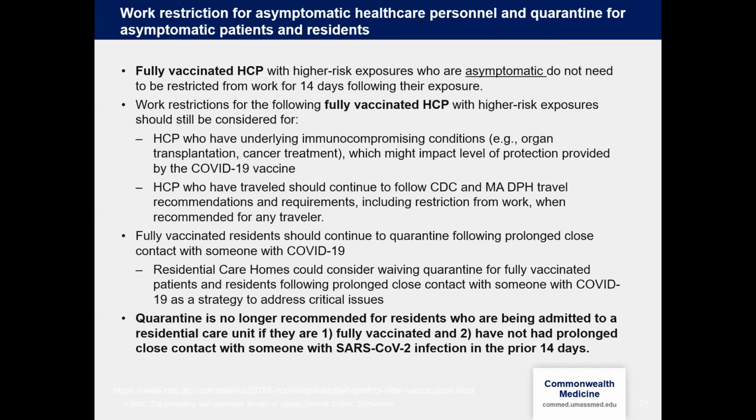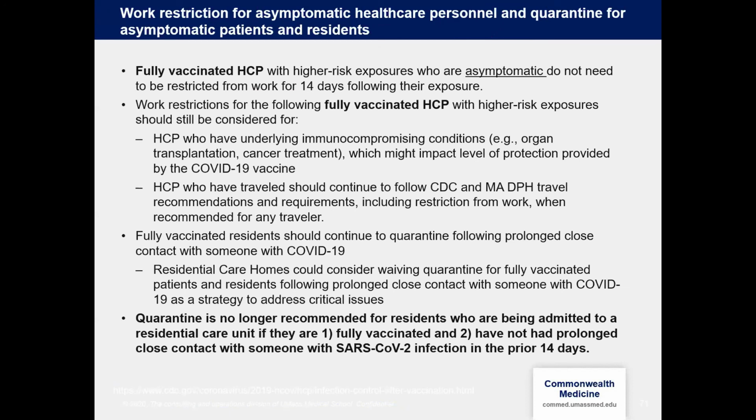And the same thing with healthcare professionals. If they're fully vaccinated with higher risk exposures and are asymptomatic, they do not need to be restricted from work for the 14 days. Work restrictions for fully vaccinated healthcare professionals with higher risk exposures should still be considered if they have an underlying immunocompromised state, organ transplantation, meds they're on, or cancer treatment.